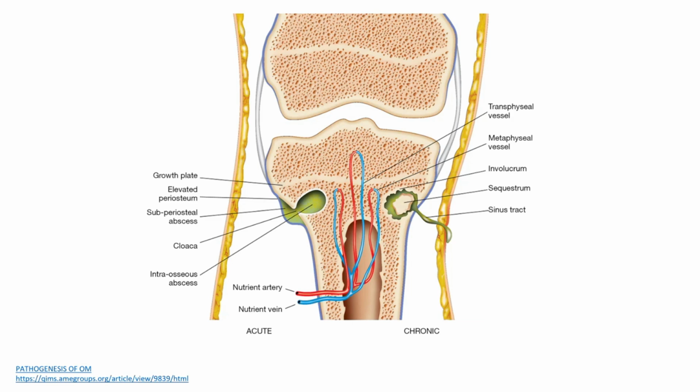So this is the dead bone, and then the involucrum that I was just mentioning, and that's how you have the sinus tract. We've all seen this. And then you have Brodie's abscess, which can involve the subperiosteal area, and it can also be deeper. They have this weird term for a Brodie's abscess having a cloaca like birds do, but just kidding.